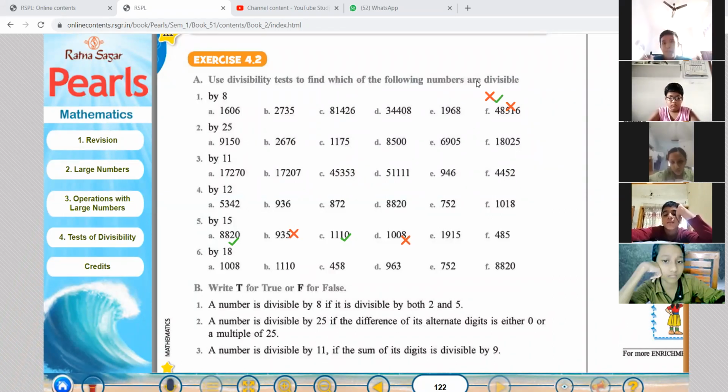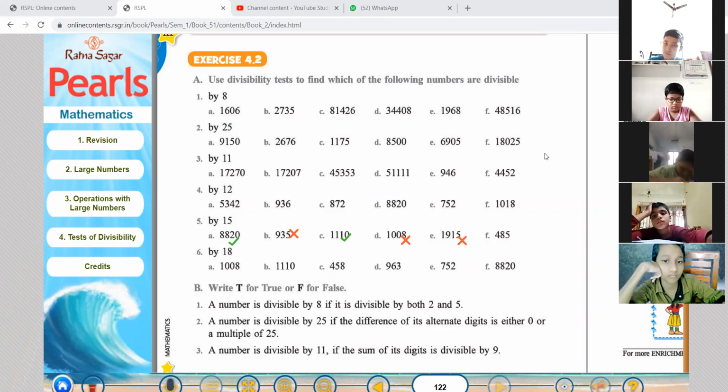Then what about the divisibility of 16? It is not divisible. And so we can say that the number is not divisible by 15 because it is not divisible by 3.